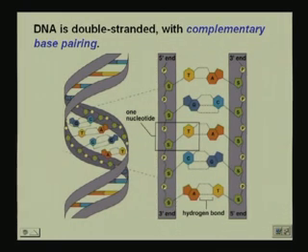Okay? So, what we have is a constant distance here throughout and a twisting. So, it is called a double helical structure. You have two forms there twisting around one another.